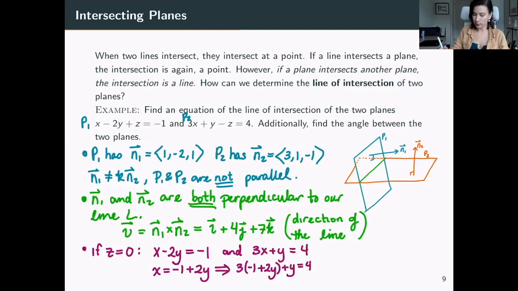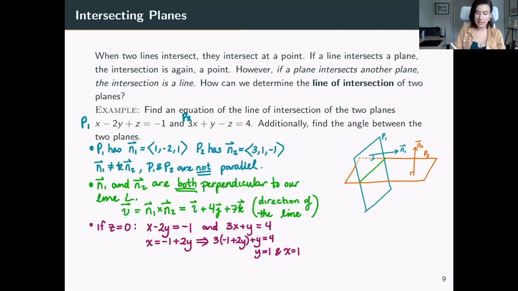And once we solve for y, this will give me that my y is equal to 1. And once I substitute y equal to 1 back into this equation, that will end up giving me that my x is also going to be equal to 1.